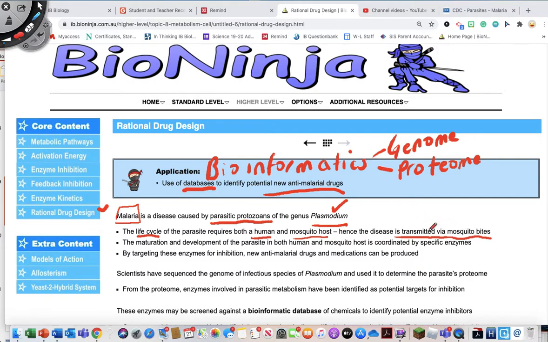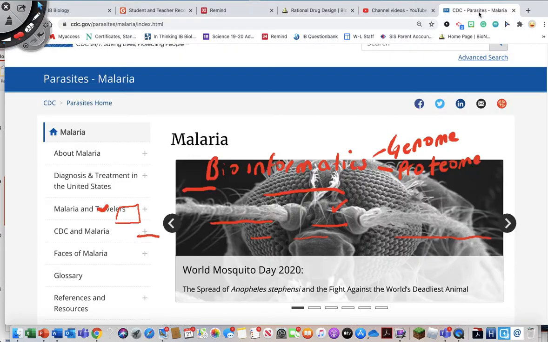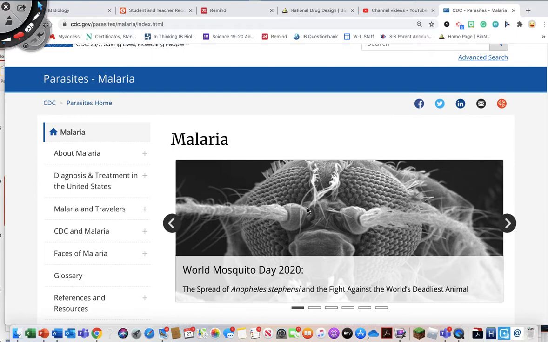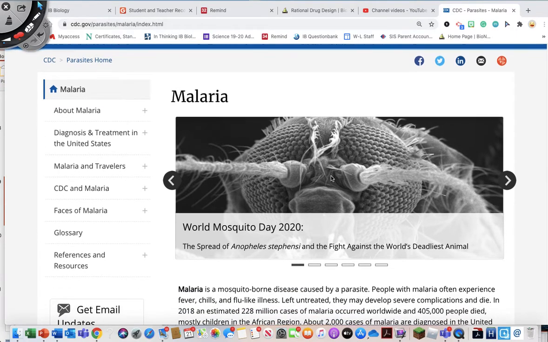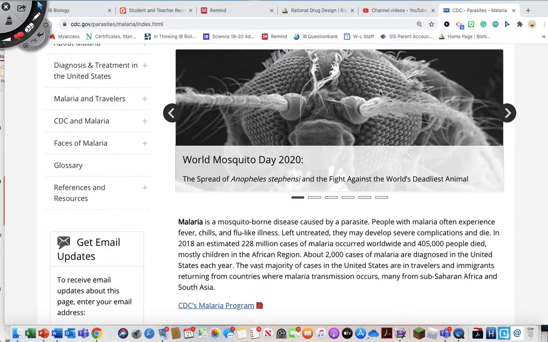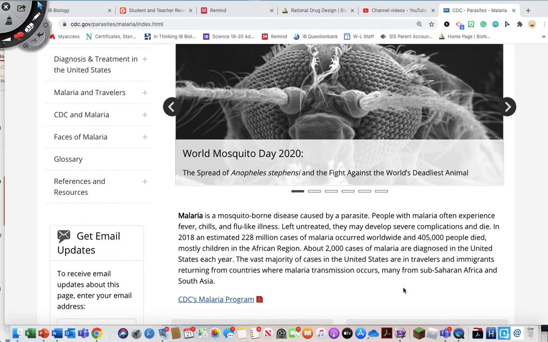Malaria is a very common disease in tropical places and in African countries. Here we see a picture of the Anopheles mosquito, which is the mosquito that is going to make you really sick. And if you ever get malaria, you're going to experience fevers, chills, and flu-like symptoms.